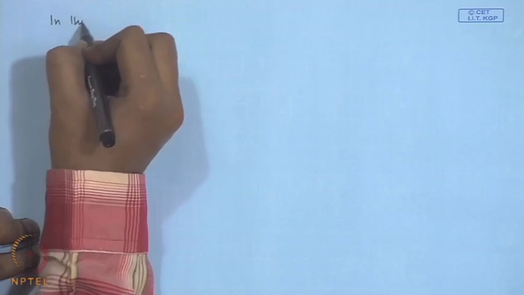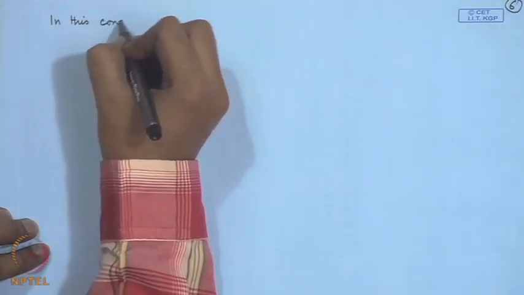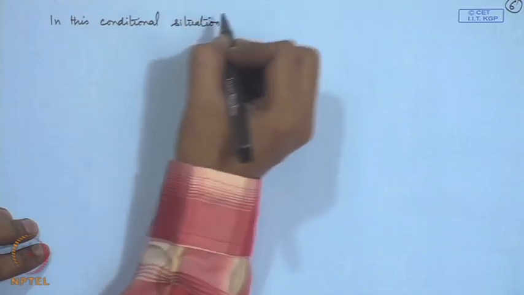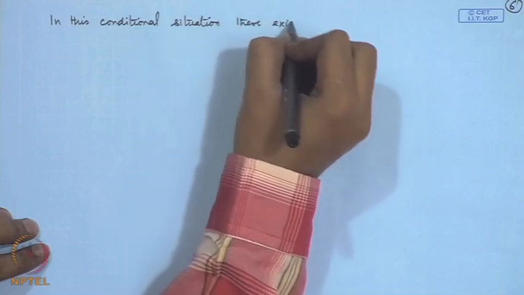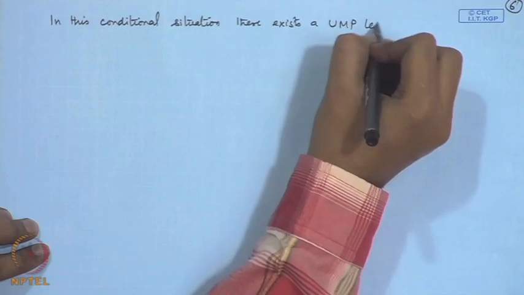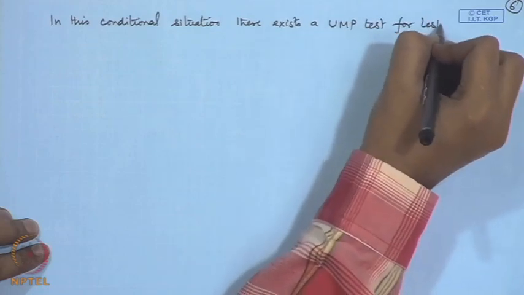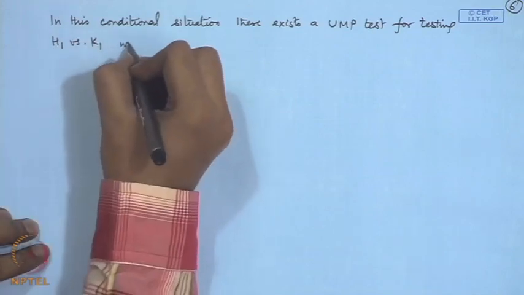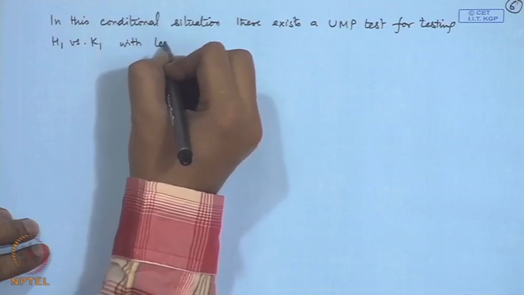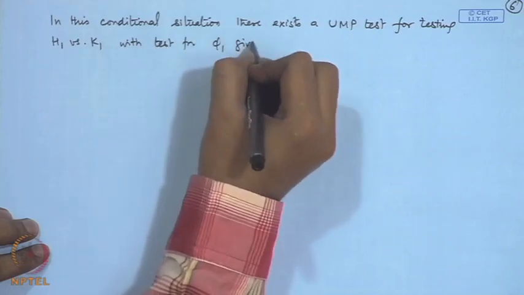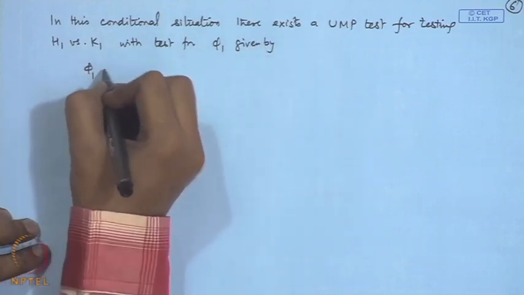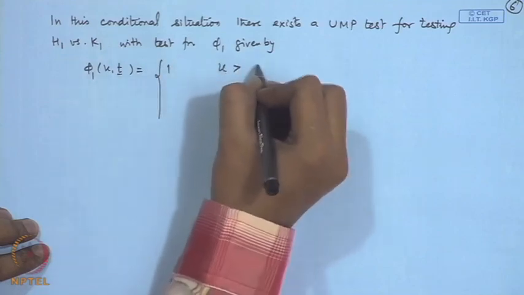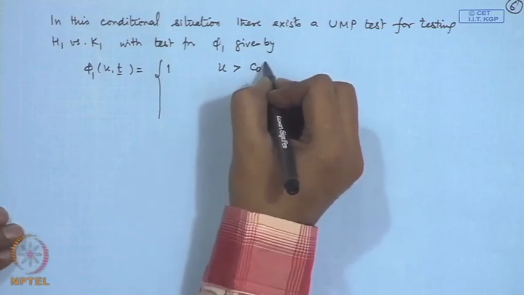So, in this conditional situation, there exists a UMP test for testing H 1 versus K 1 with test function phi 1 given by: it is 1 when u is greater than some coefficient, say c naught, but this may depend upon t.